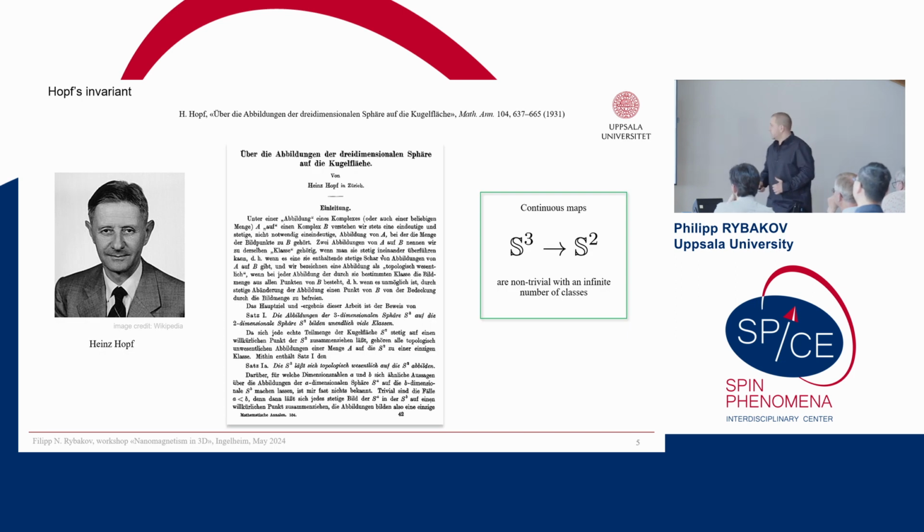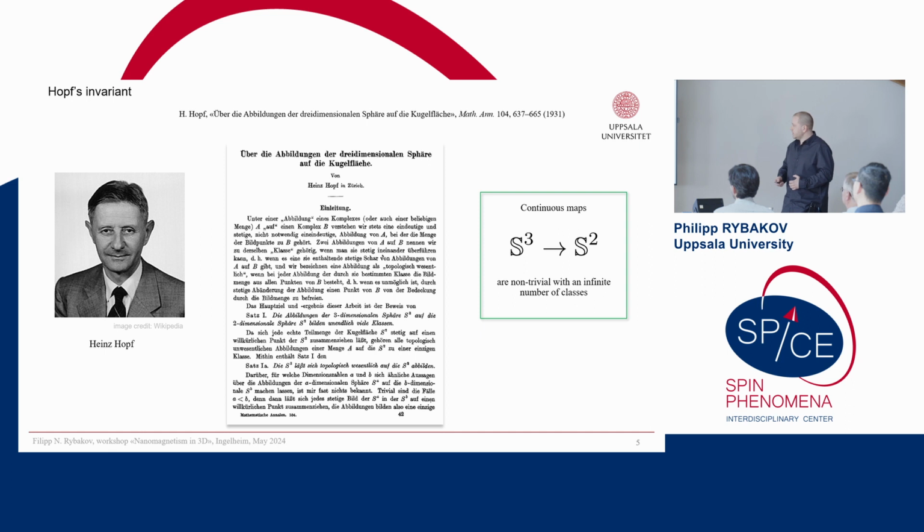Yeah, so I have to give credit to Heinz Hopf. His example of non-trivial continuous maps between spheres of different dimensions was a real breakthrough in topology at that time. And so it is the essence of the classification we need.